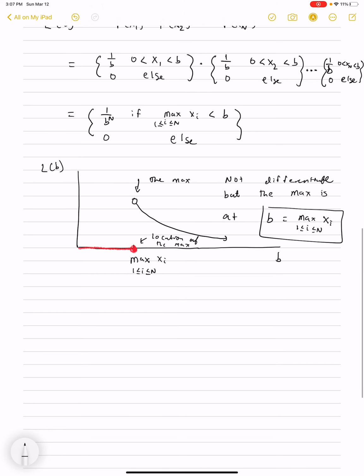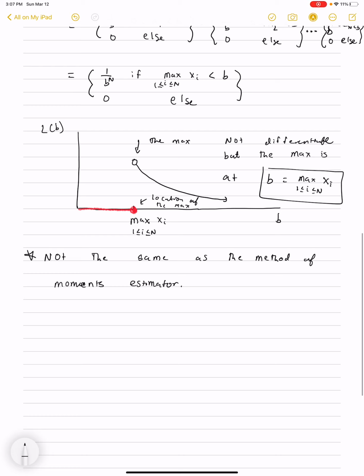And what I'll just note here is that this is not the same as the method of moments estimator. Okay, so let's prove it.